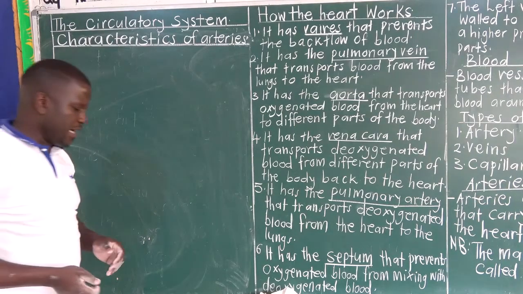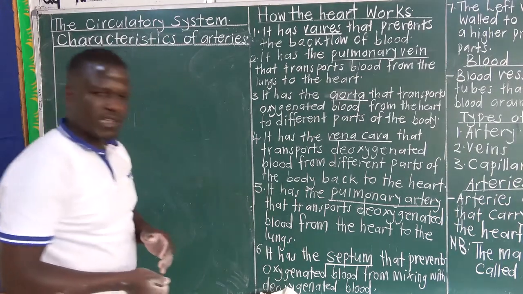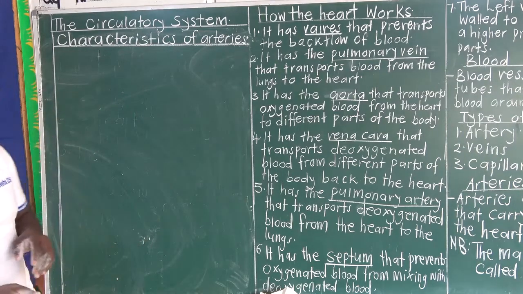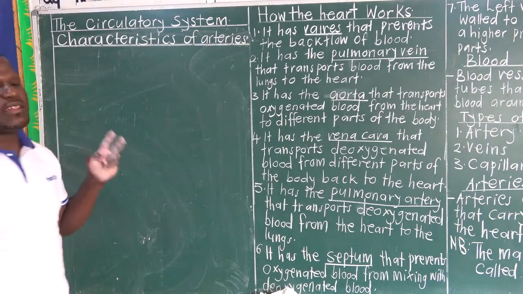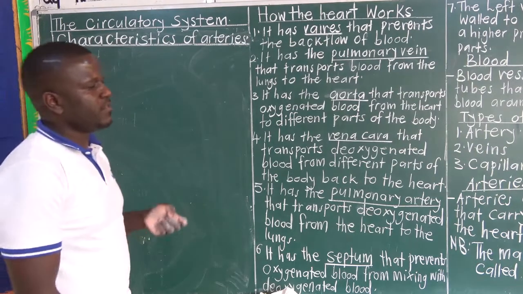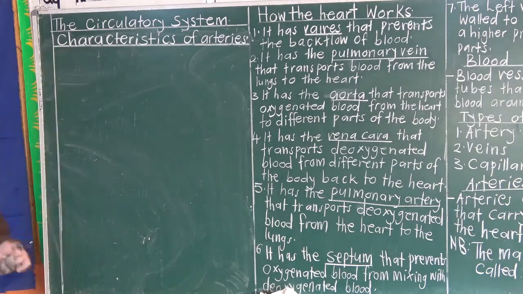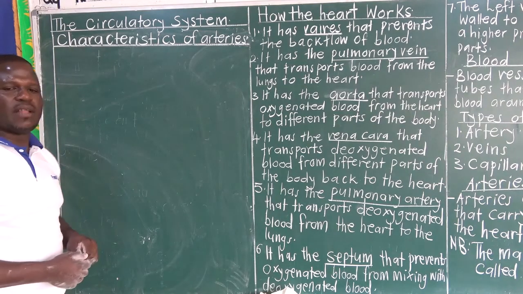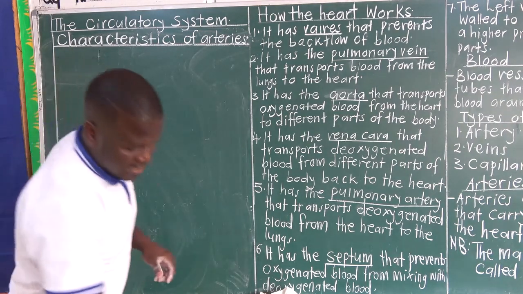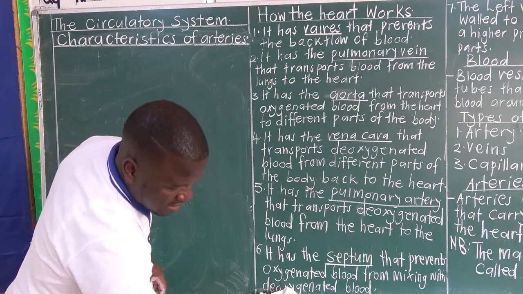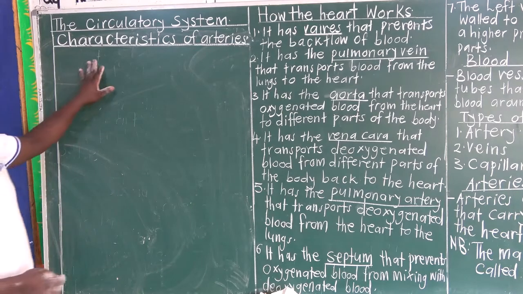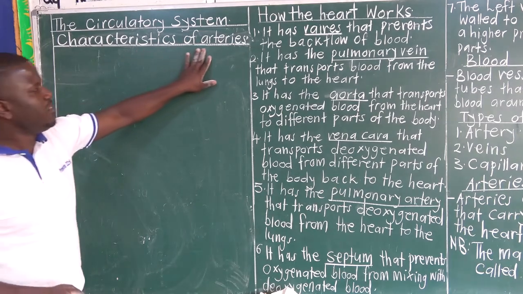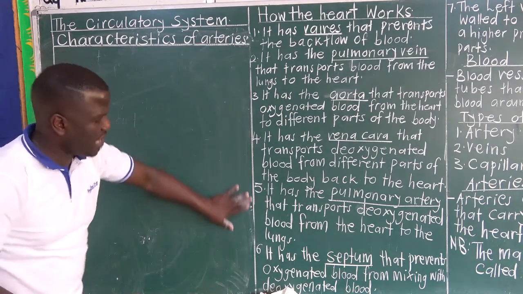Alright, we've been looking at types of blood vessels, and we said we have three types of blood vessels. We have what we call arteries, we have the veins, and then we have the blood capillaries. Arteries are blood vessels that carry blood away from the heart. Let's look at characteristics of arteries. Which characteristics do these arteries have?